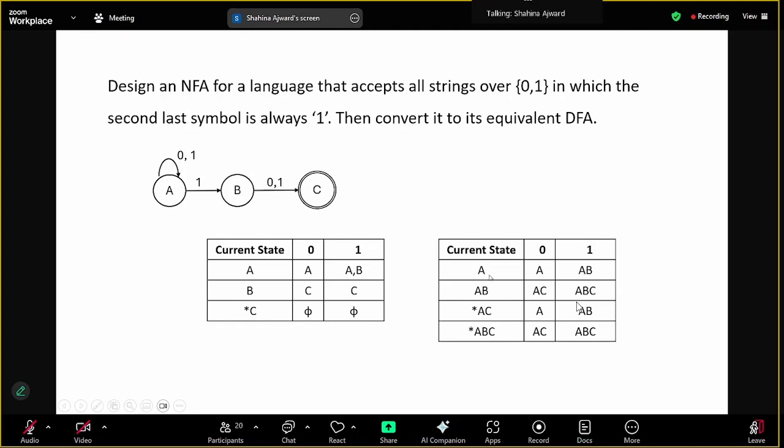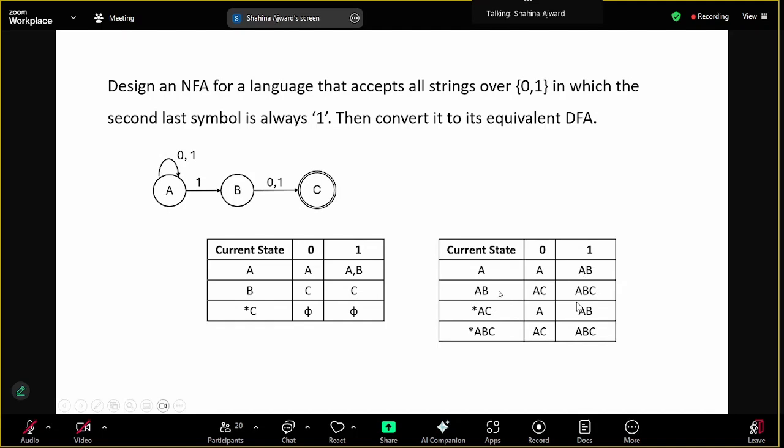Once you write the first row, then we look at the states that we have, because that's how we proceed, right? We start from one state, it directs to 1 or 2 states, and from them it branches and goes further. Here our state A is directed to A and another state called AB, right? A is already there, so we write the AB, right?